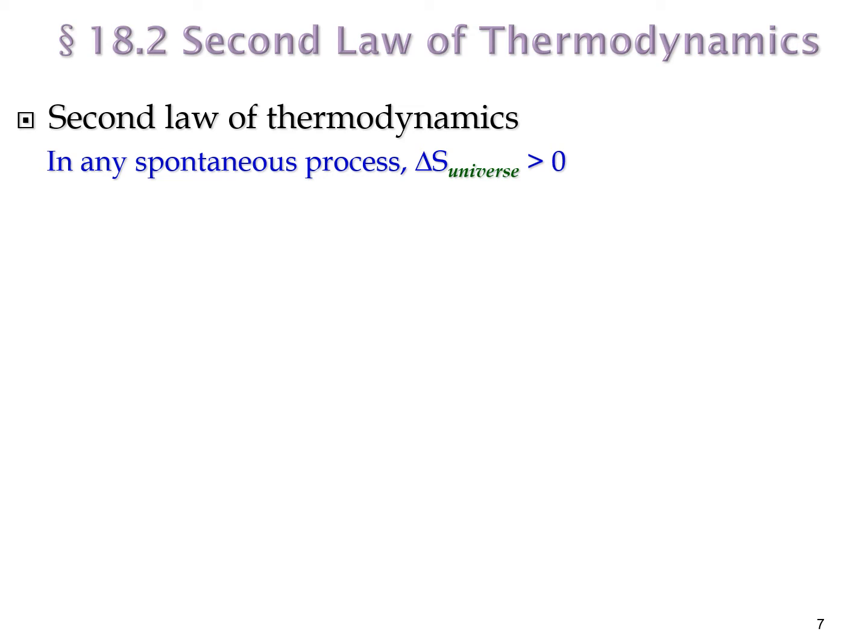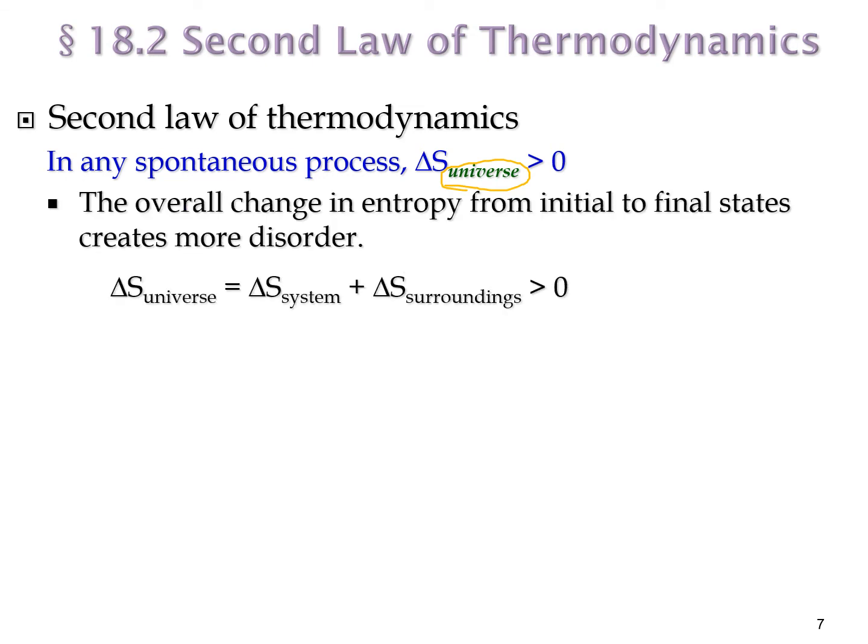So if we want a spontaneous process, the entropy change of the universe must be greater than 0. It means the entropy change of the system is only part of it.